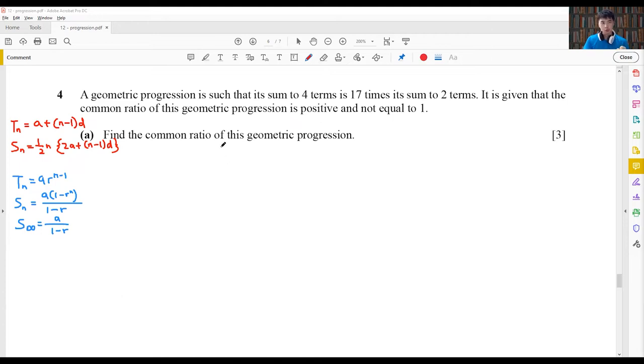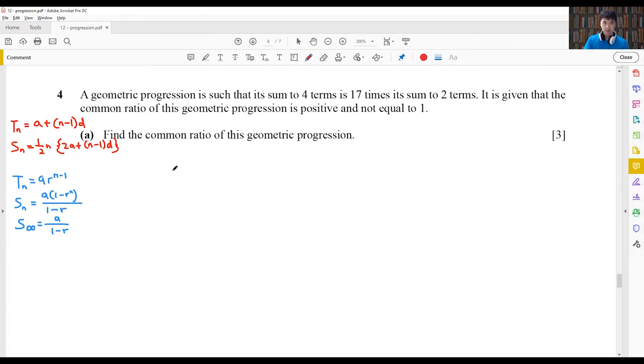So what you need to do is use the formulas and identify what these are, all right? The sum to 4 terms, so we are definitely using the sum formula over here.